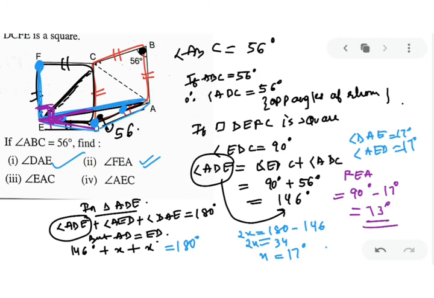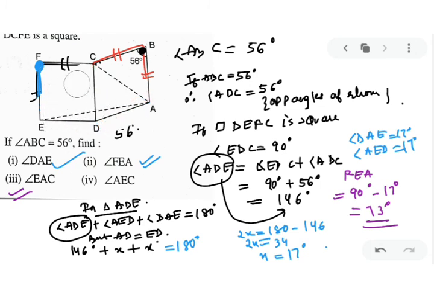Then we have to find EAC. I'll just erase a bit so that it is clear. We want this angle. How will we find it?